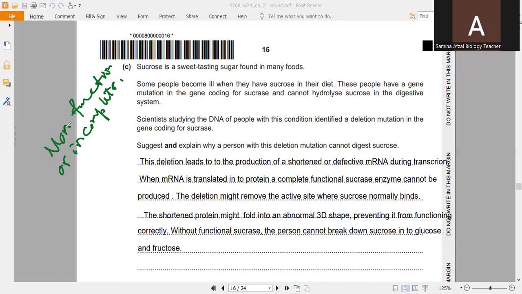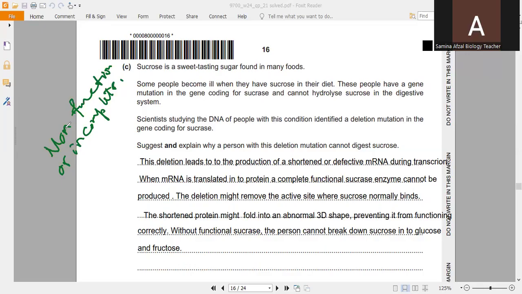As a result, individuals with this mutation cannot digest sucrose properly. When they consume food containing sucrose, it remains undigested in their digestive system, leading to symptoms such as abdominal pain, bloating, diarrhea. This condition is known as congenital sucrase-isomaltase deficiency. This is specific for this.